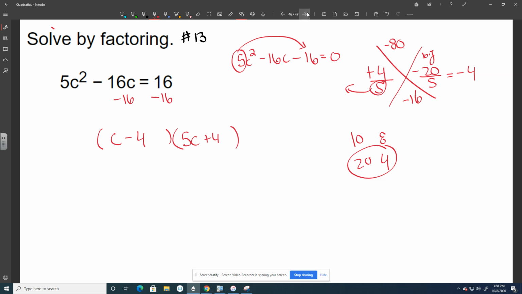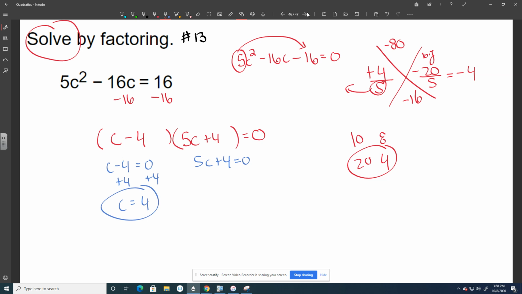But I'm not done. I've got to solve this one, not just factor. So it equals 0, which means I've got to set both of these equal to 0. So c minus 4 has to equal 0, and 5c plus 4 could be my 0. So when I add 4 to both sides, c is equal to 4. That's one option.